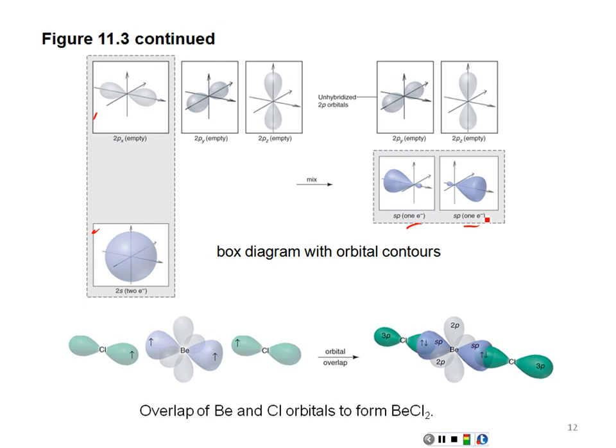The overlap would be the sp overlapping with the p orbital from chlorine, and we'll see the linear molecule it forms down here on the left. You'll also notice we still have unhybridized p atomic orbitals on beryllium, but they don't have any electrons in them.